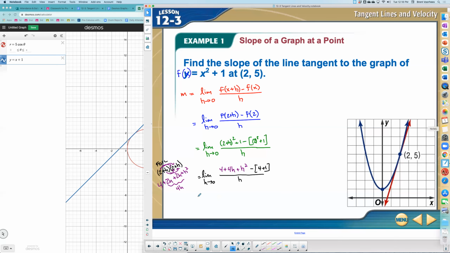So now if I want to simplify, you might be thinking, is there a shortcut for this? Yes, we will learn there is a shortcut. This will end up, when I combine my like terms, with an h squared plus a 4h, and then I have a 4 minus 5, which is basically -1, all over h.